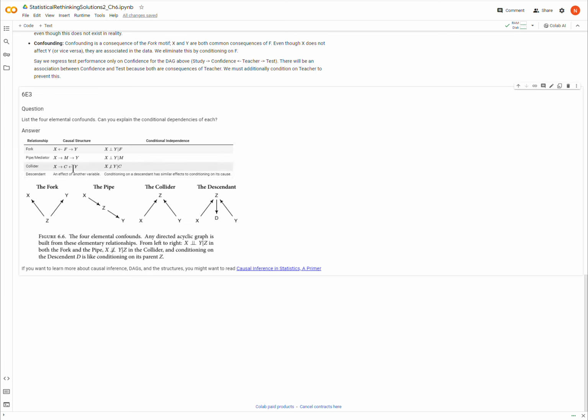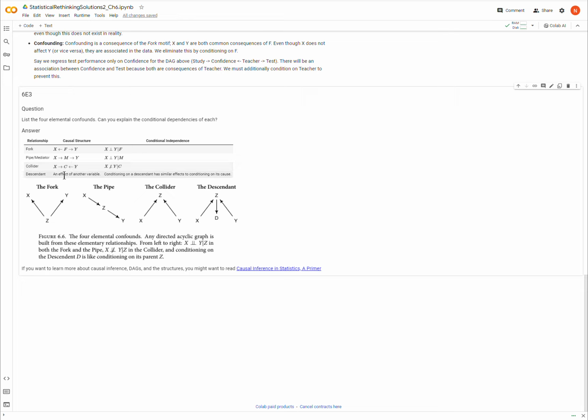I may then conclude that x is a cause of y, but it is not a cause of y. It just happens to share a common effect with y. So colliders are a little bit scary, and it's something that you need to be aware of as you're including variables in your regression.